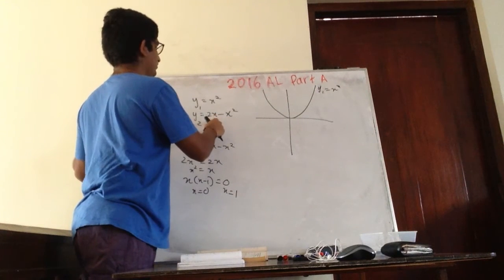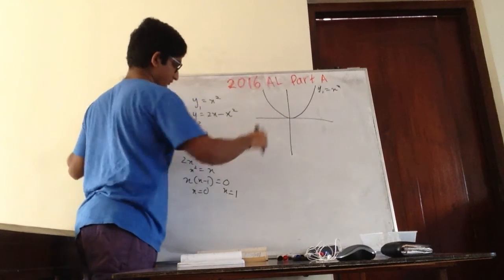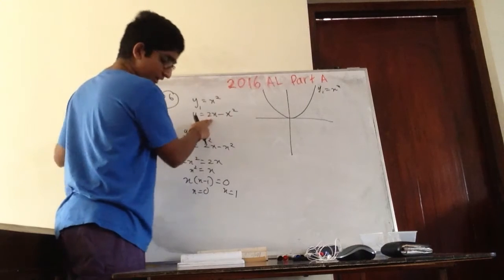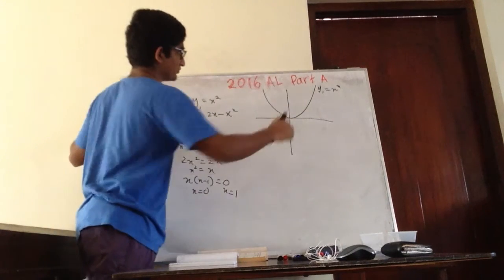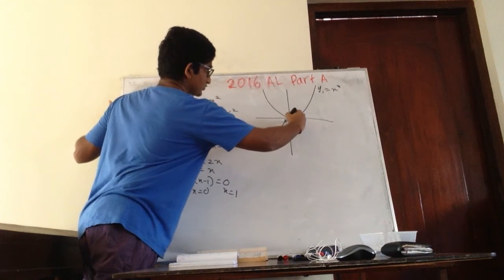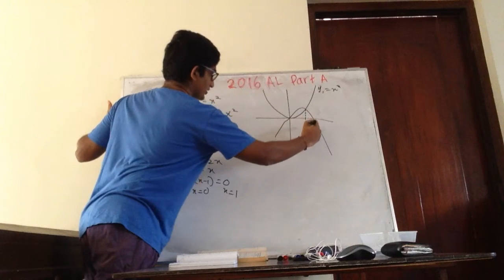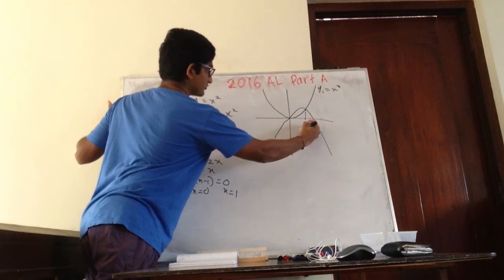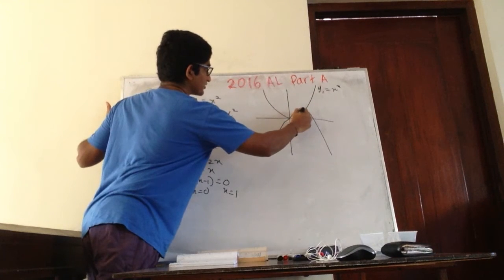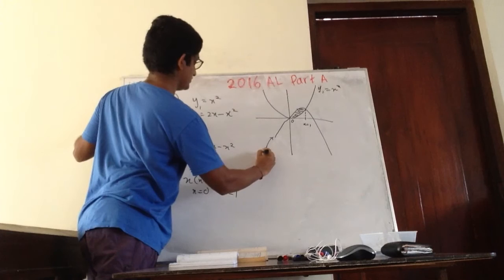If x equals 0, it's going to be 0. But this is minus x squared, and this has a 2x part, so you probably go like this, through 0. So this is x equals 1. This is 0. So we basically need the area of this. This is y2.